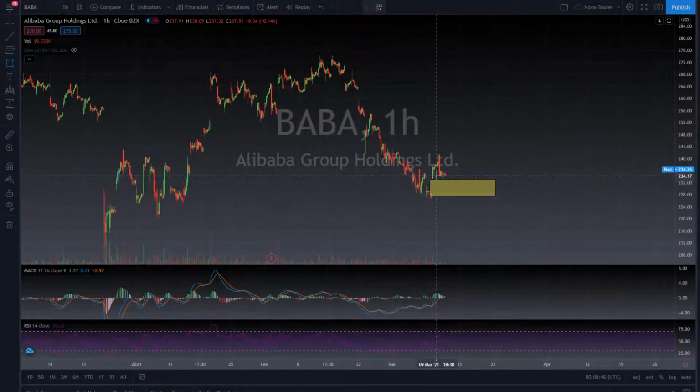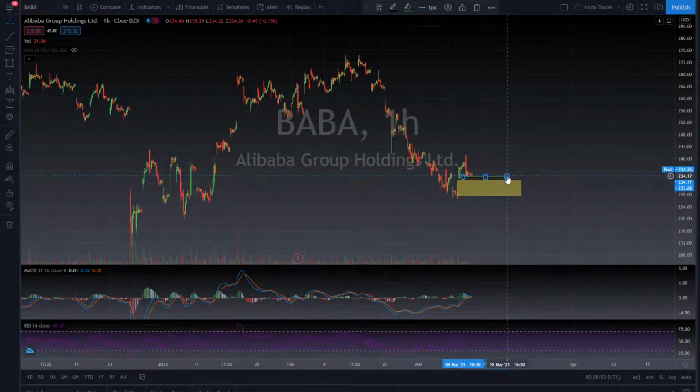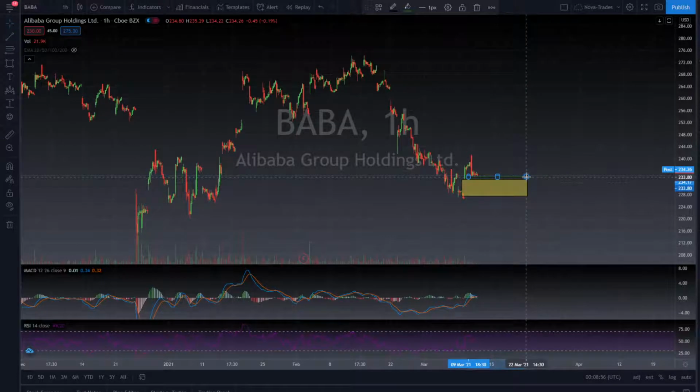I mean, it's hanging on. It's made itself a little bit of a support right here, but Baba does look kind of ugly, if I'm being completely honest.